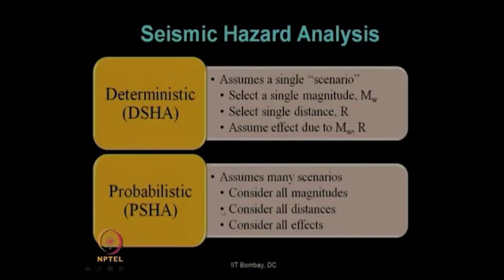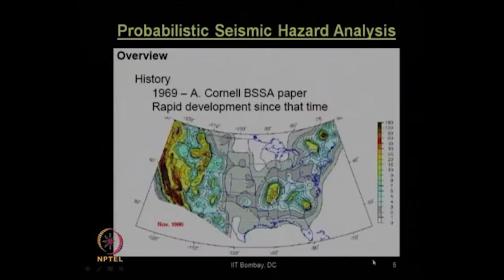Whereas, in PSHA we have seen that we need to consider various scenarios, like all magnitudes, all distances and also all the effects to obtain that hazard parameter, to consider the uncertainty involved in this process.